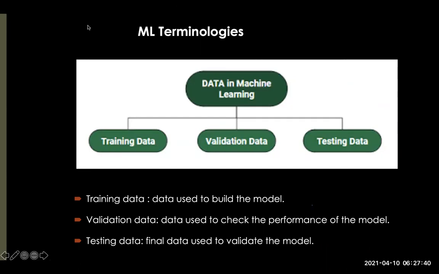So let's look at some machine learning terminologies. You will hear about most of these out there. For machine learning, you want to talk about training data, because you are dealing with data. But we don't just feed all this data to the machine at one time. There is a reason.